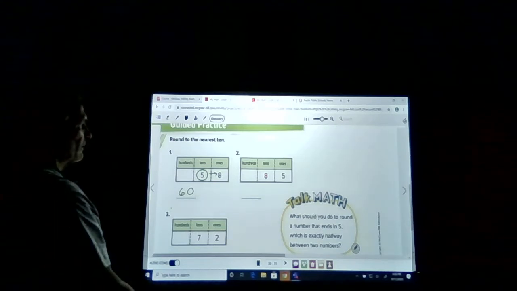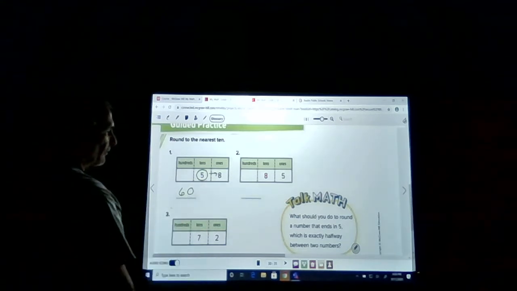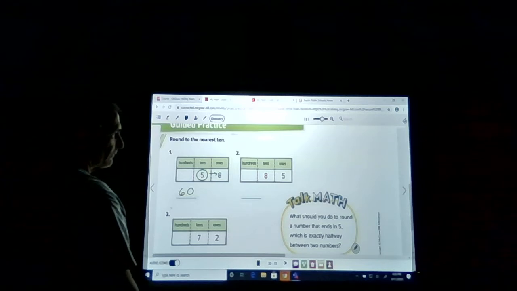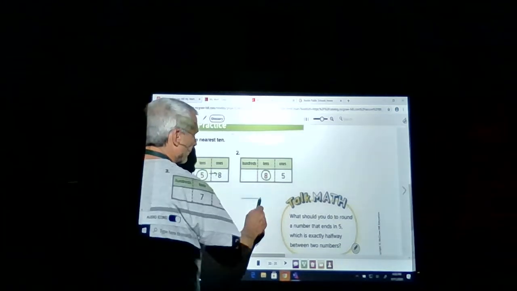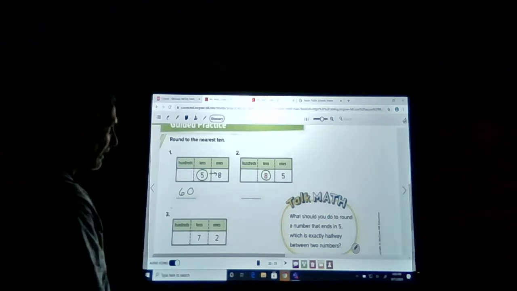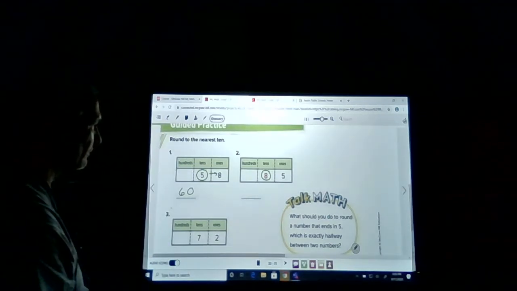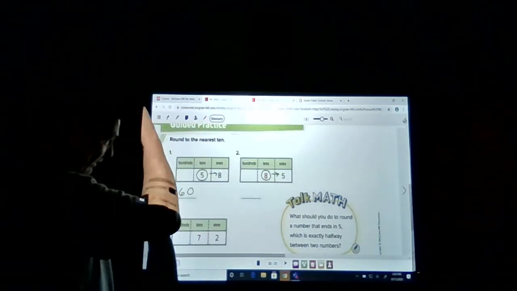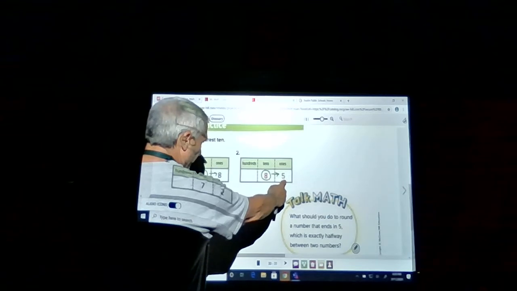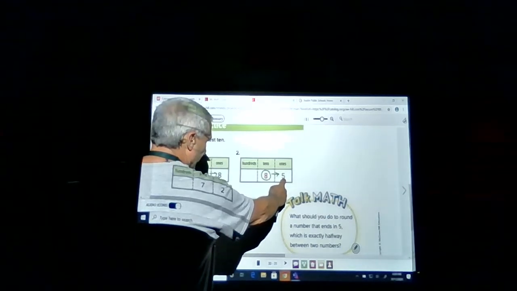Let's try this one. Step 1. Go ahead and do that. Push pause. Did you circle? Step 2, you do that. Push pause. Did you draw an arrow? Step 3, we look at that number that we're pointing that arrow to. Is it less than 5?